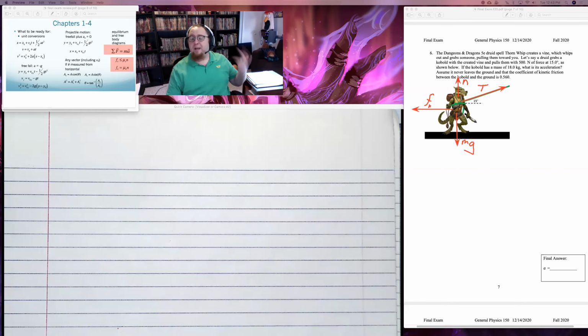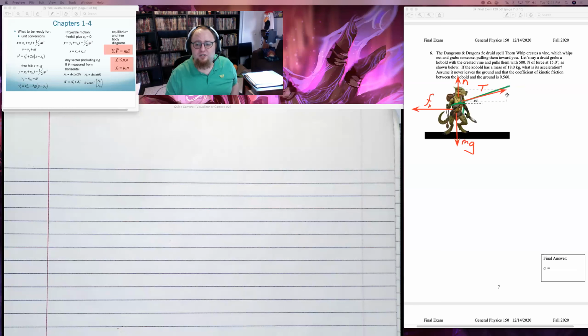Now, I might do a ramp problem. If I do a ramp problem, be prepared for those. But on this one, this is a nice flat problem. F along negative X, N along Y, mg along negative Y. But that T is up and at an angle. It's not to the right. It's not up. It's somewhere in between. Any vectors that are at an angle, you want to break into components.